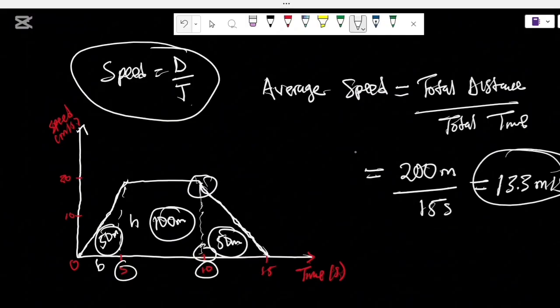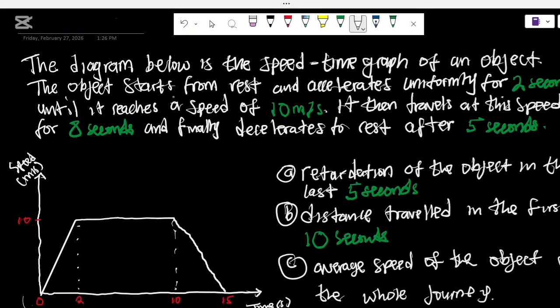Now let's go back and deal with the question that we are having. The diagram below is the speed time graph of an object. The object starts from rest and accelerates uniformly for 2 seconds. So notice that it is moving from rest and it accelerates for 2 seconds until it reaches a speed of 10 meters per second.